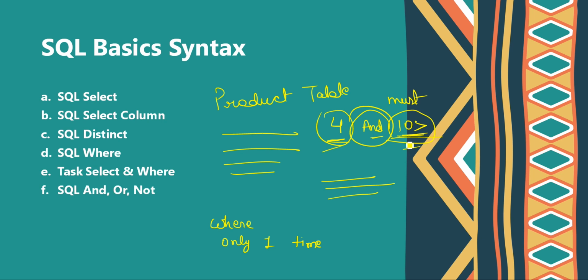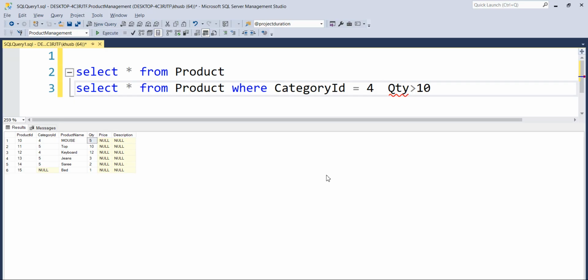So I want these two conditions to always be true, and only then should those rows be shown. In this case I will simply write AND. Now it is going to check if category ID is equal to 4 as well as quantity is greater than 10. So what do you think? How many rows are going to be printed? As you can see, category ID 4 is here in mouse and keyboard.